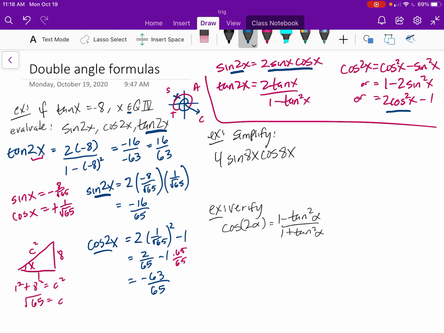In all of these formulas, you may end up simplifying or verifying equations, identities, and verifying can often be easier. It's more work, but we know what we should get, right? Where simplifying, depending on the problem, sometimes you don't really know how far you can simplify.